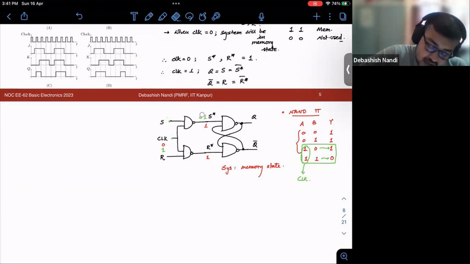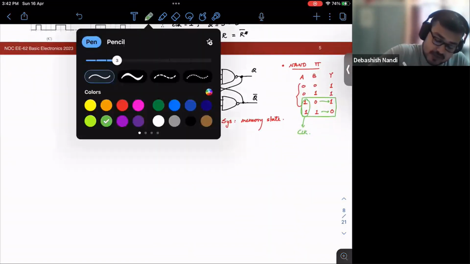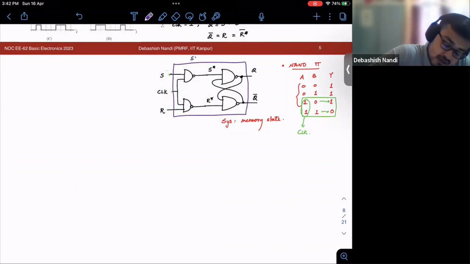So in this way, using the combinational circuits, you can design your flip-flops, right? So this entire contraption is called your SR flip-flop.